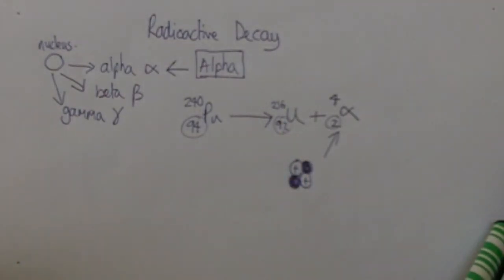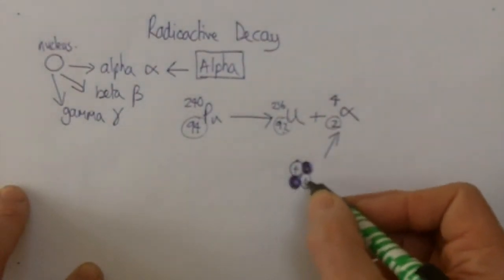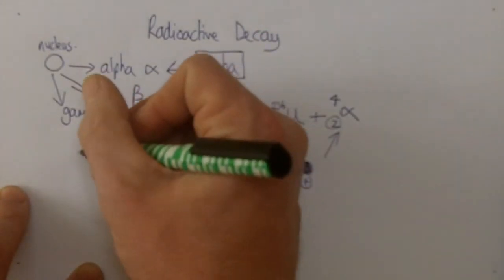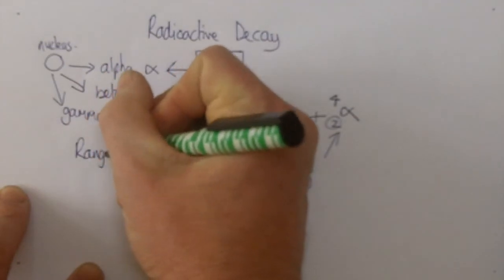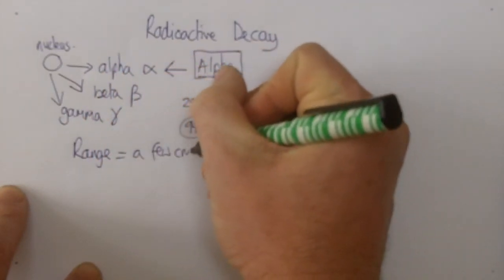So let's have a look at the properties of alpha particles. Alpha particles, because they are so large with a high positive charge, don't travel very far in air. In actual fact, they have a range of only a few centimeters in air.